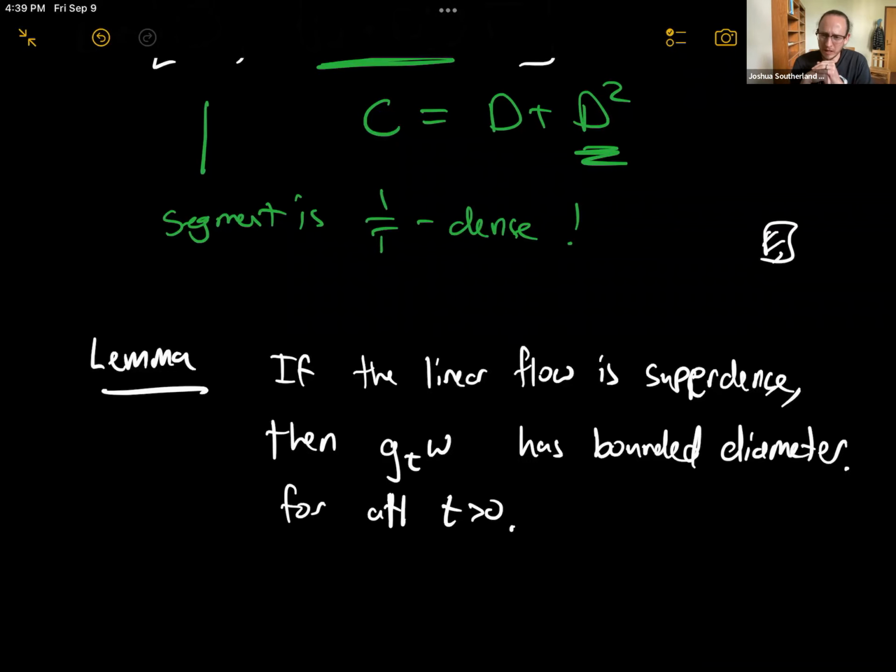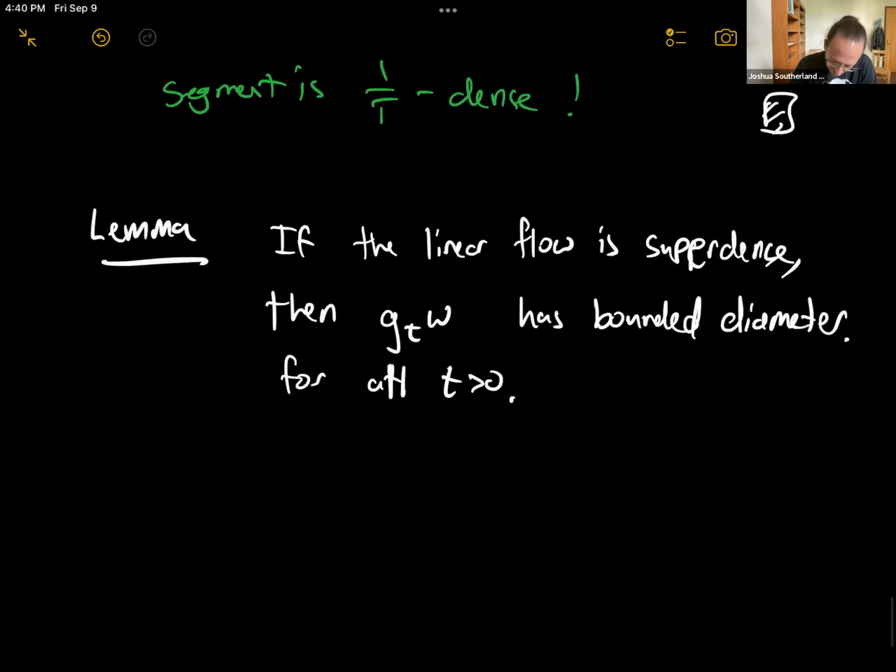And then we know that g_t omega has to have bounded diameter, but unfortunately this is not good enough in the moduli space as a whole. So it's not necessarily like the compact sets have bounded diameter, which is something that messed me up a little bit. But I think this might be something that's true along the geodesic, but I'm not sure. I don't have proof of that.